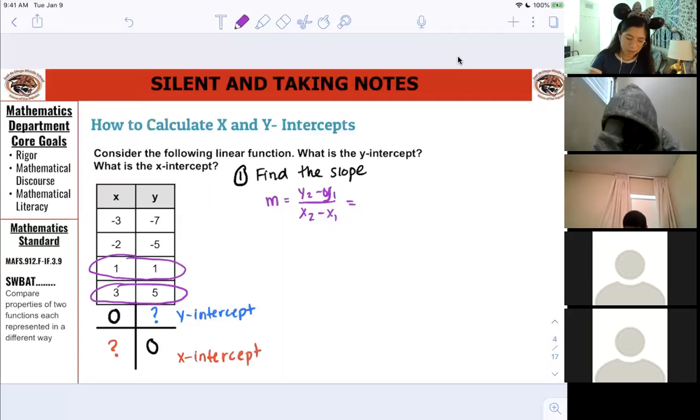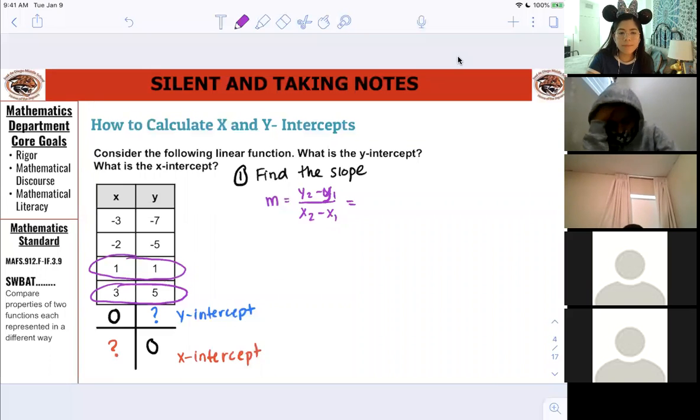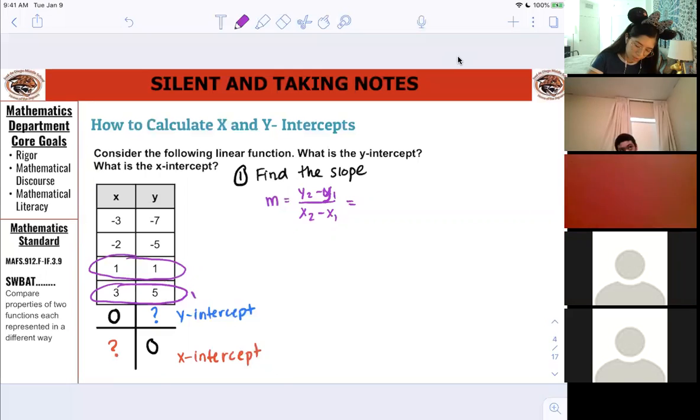What's my y2 and what's my y1? 1 and 5. Good. That's my y2 and my y1. So I have 5 minus 1.